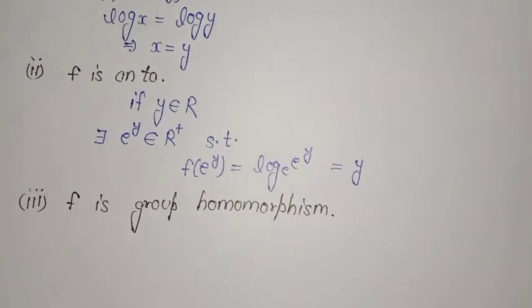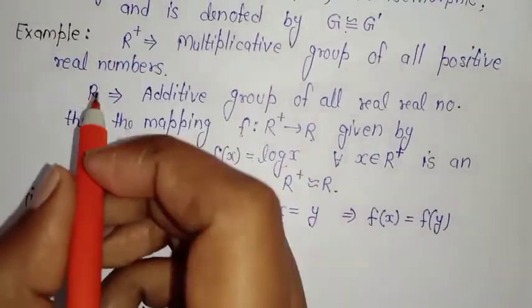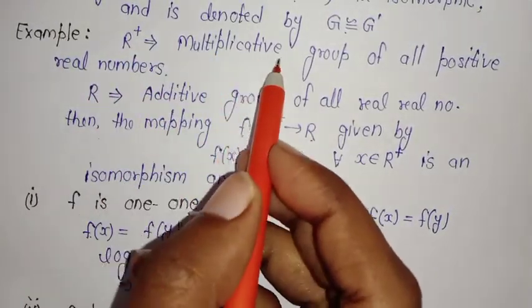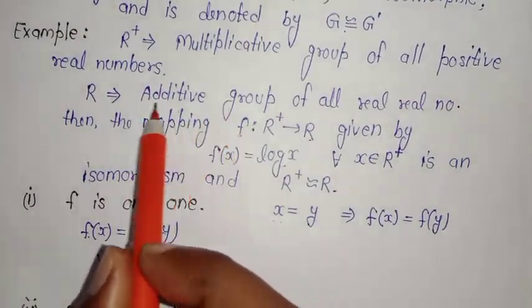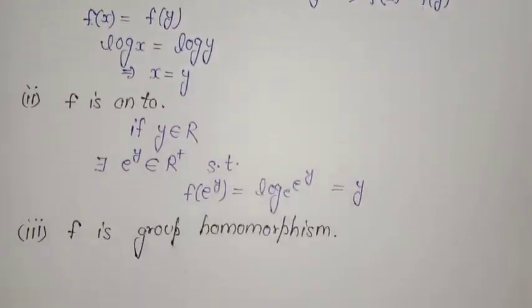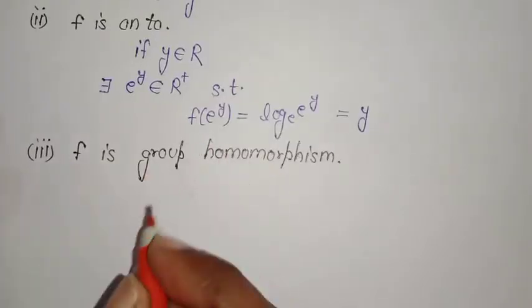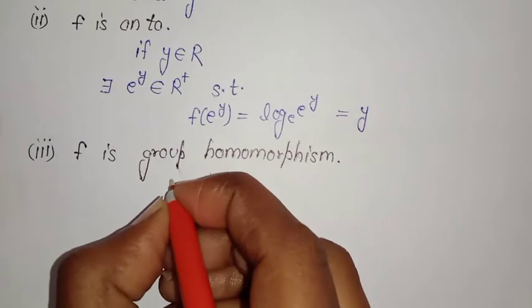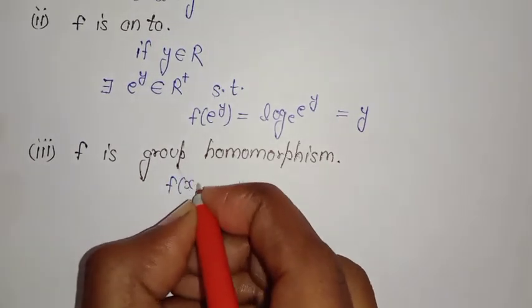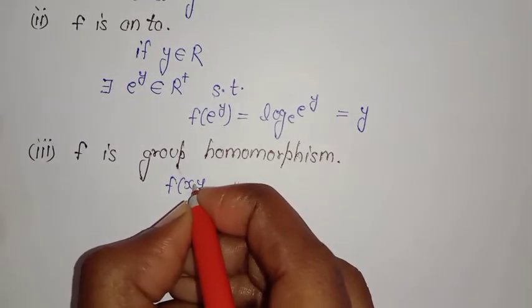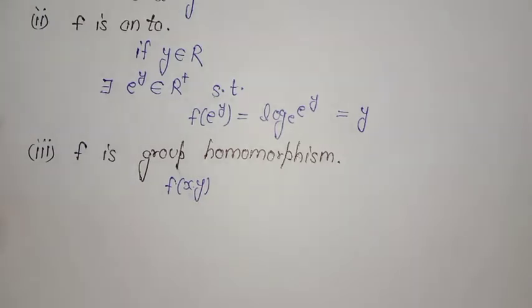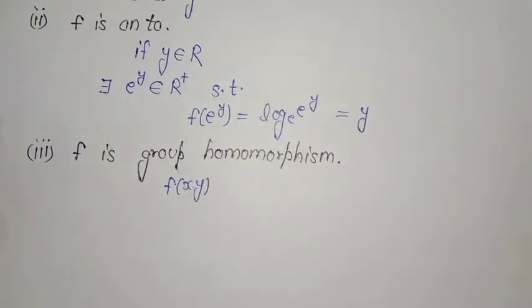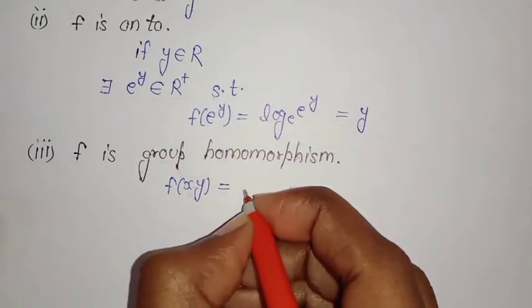Our first group was defined with respect to multiplication, and the second group was defined with respect to addition. If we apply the condition of homomorphism, this becomes f(xy). I am taking the binary operation as multiplication because the first group is defined with respect to multiplication.